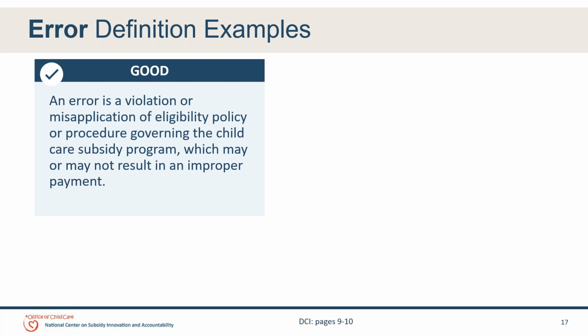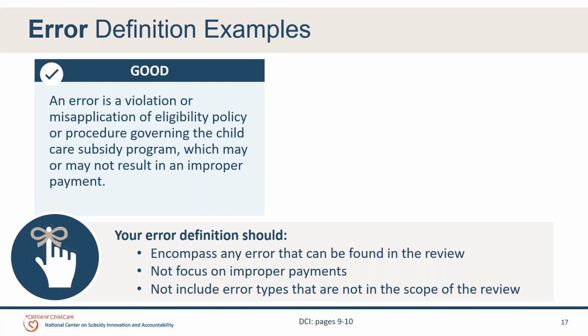An error is a violation or misapplication of eligibility policy or procedure governing the child care subsidy program, which may or may not result in an improper payment. This definition encompasses any error that might be found in the review, and it's clear that it's covering both improper payments and non-payment errors.